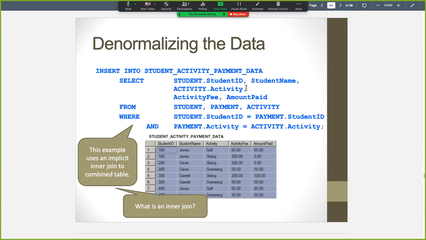You reverse the process to become one single table, and this join statement, in this case, joins three tables together, kind of merging three tables into one. The operation can be done using, in this case, an inner join, right?